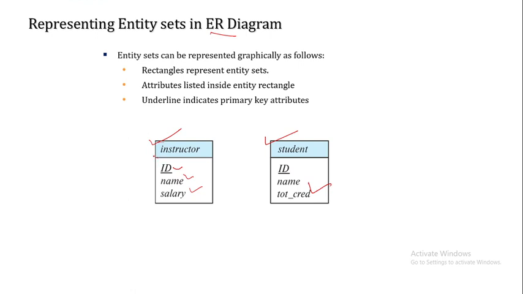This represents the name of your entity set, and this represents the attributes associated with it. The third point is that underline indicates primary key attributes. So this is your primary key attribute. Through this ID we can uniquely identify an entity present inside your entity set. This is the way we represent an entity set using an ER diagram.